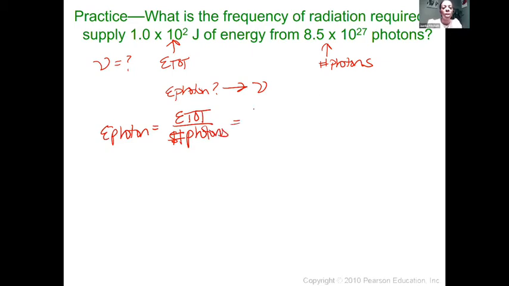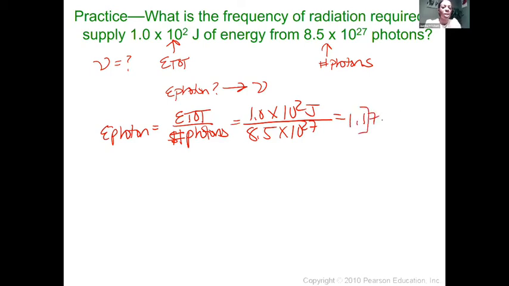So we have 1.0 times 10 to the second joules divided by 8.5 times 10 to the 27th. When we plug that in, we have 1 e to the second divided by 8.5 e to the 27, and that gives us an energy for a single photon of 1.17.